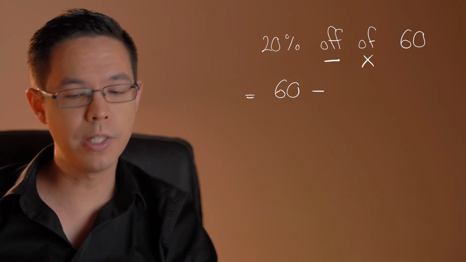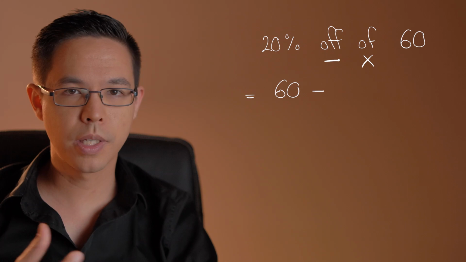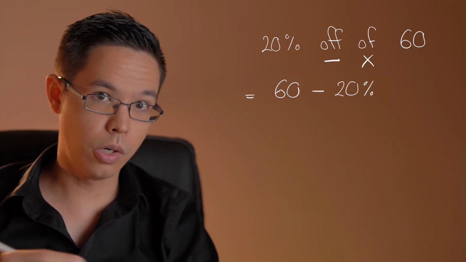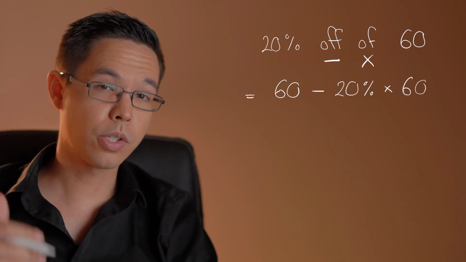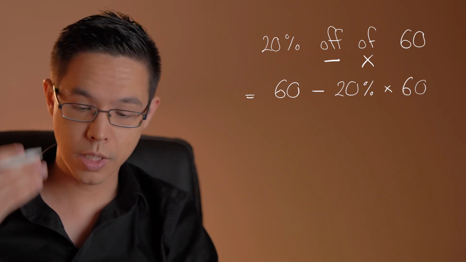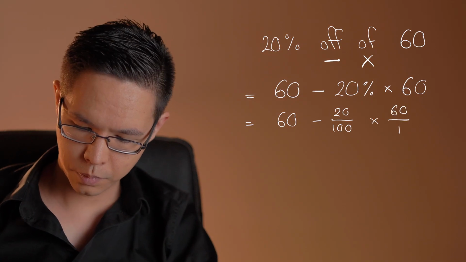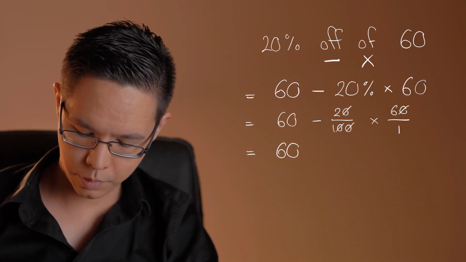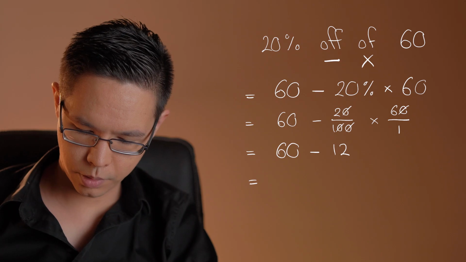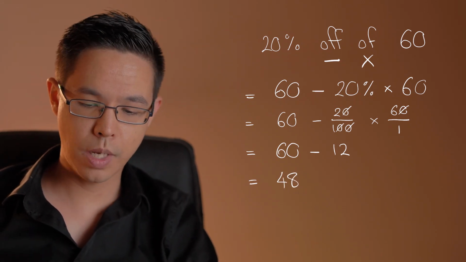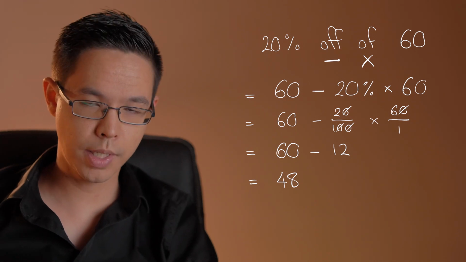How much am I removing? 20%. 20% of what? 20% of 60. And we know that of means multiply. So I'm just going to do the same procedure as in the previous example. And so I get an answer of 48. 20% off of 60 would give us 48 remaining.